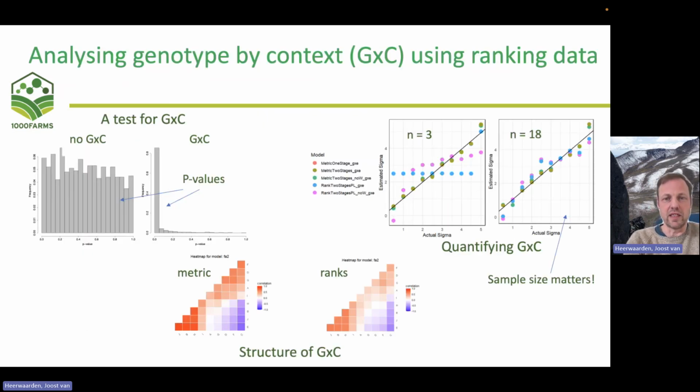We've also seen progress on the genotype by context work that we've done, where we now have a statistical method for testing for genotype by context interactions in ranking data. We've developed very breeder-centric methods to quantify and study the structure of the genotype by context component in our data, using ranking data and not metric data.